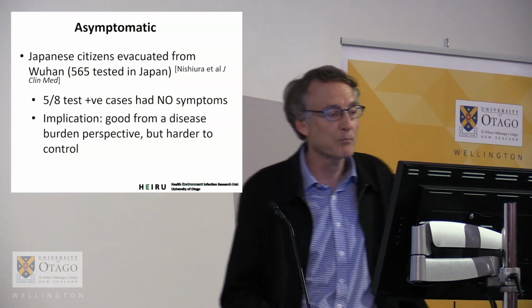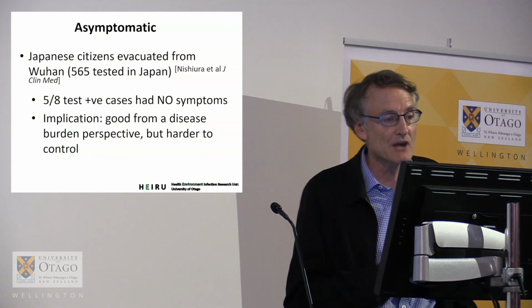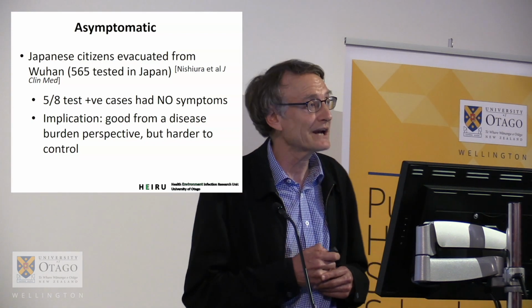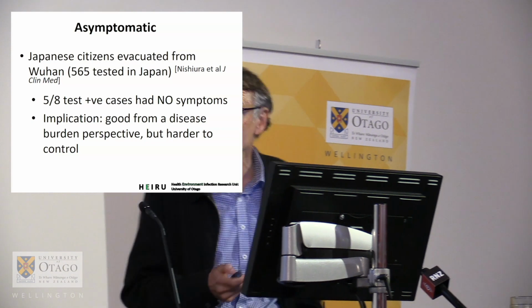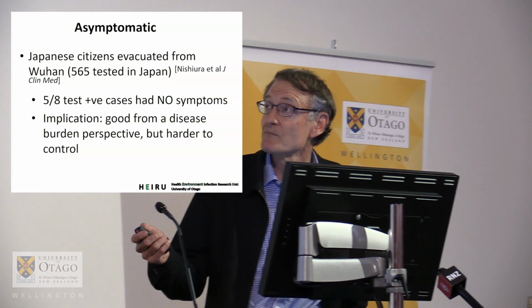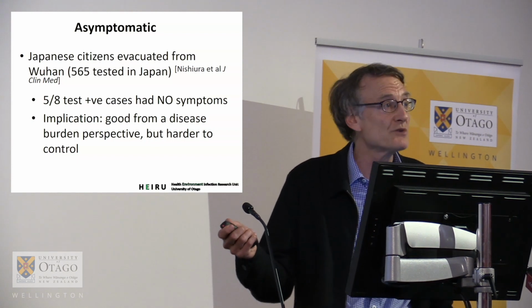And there is this complex issue of asymptomatic cases, and the Japanese citizens evacuated from China have been well studied. All 565 were tested, and surprisingly, of the 8 test-positive cases, 5 had no symptoms.